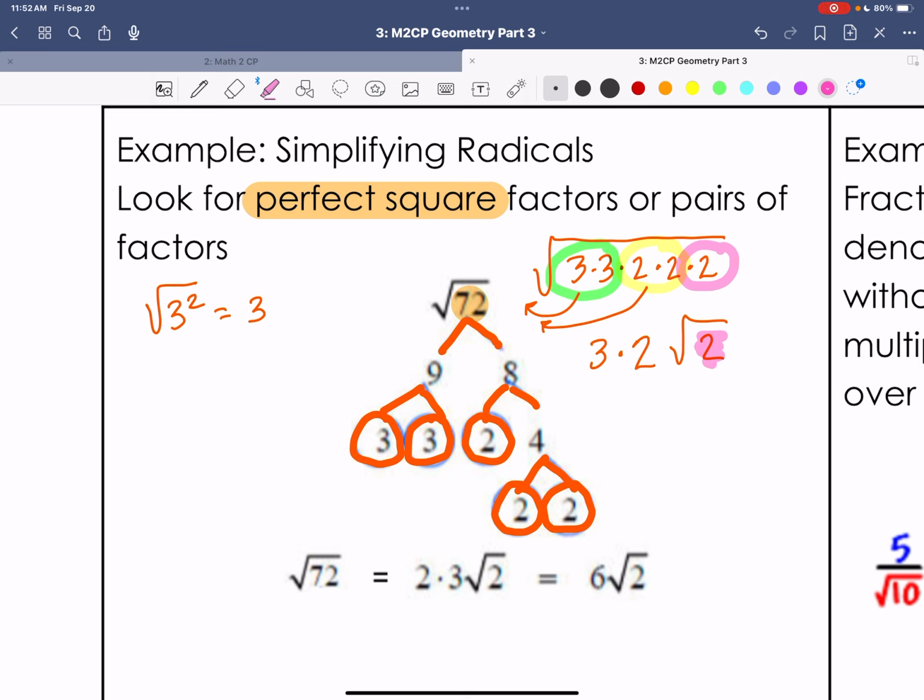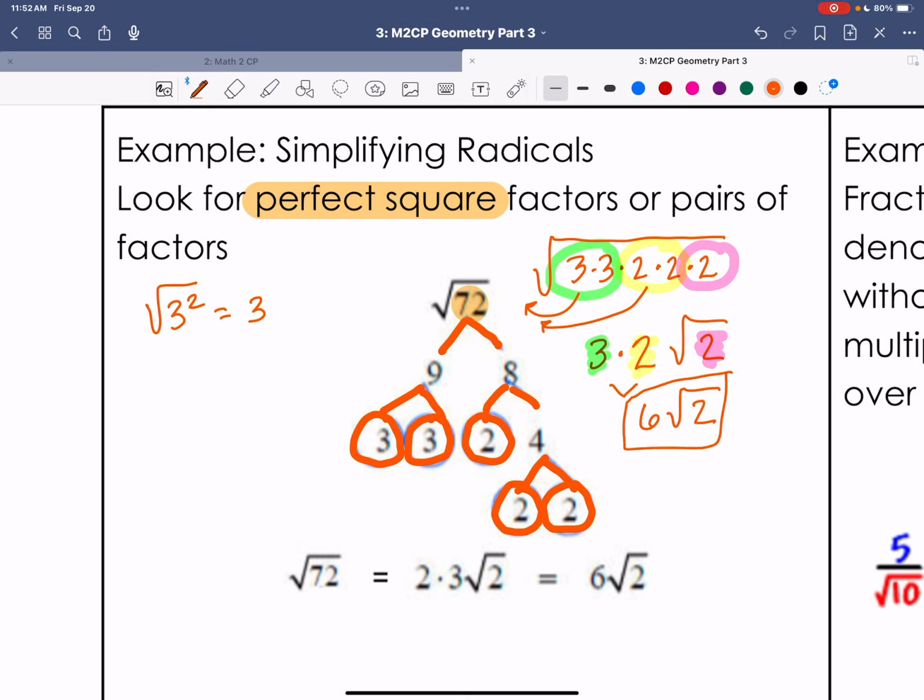Now we're not done yet. Since we have 2 numbers outside, you need to multiply those. 3 times 2 is 6, and then bring down your radical. And that is how you simplify it.